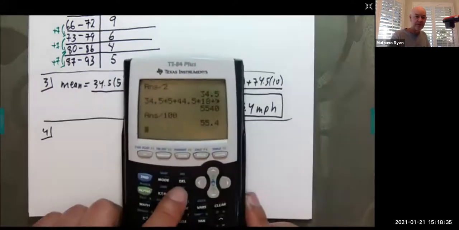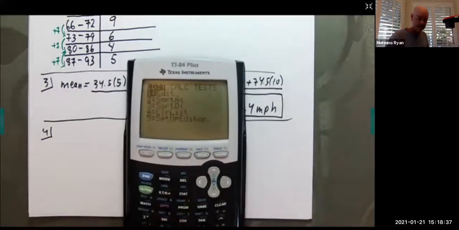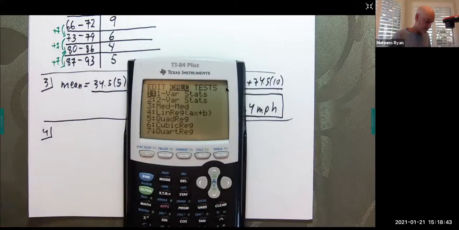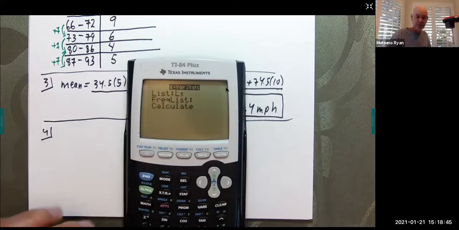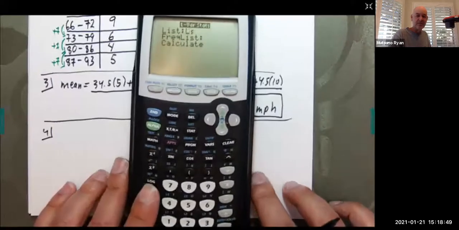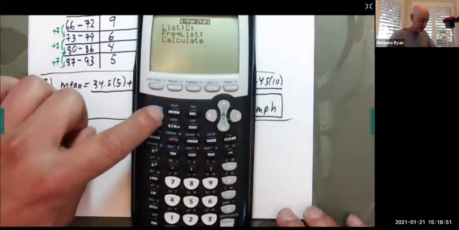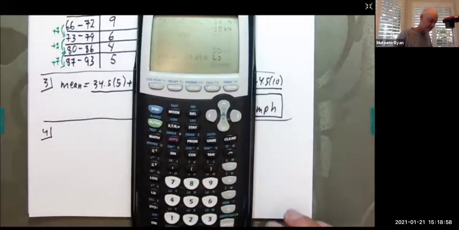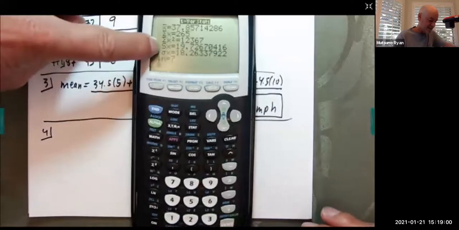I'm going to go to calculate, one variable statistics, and mine are in list 2. If you remember the way you find the list, mine is above the number 2. So I'm going to hit second 2. And this one doesn't have a frequency list. Calculate.